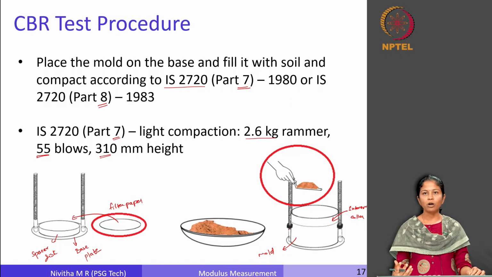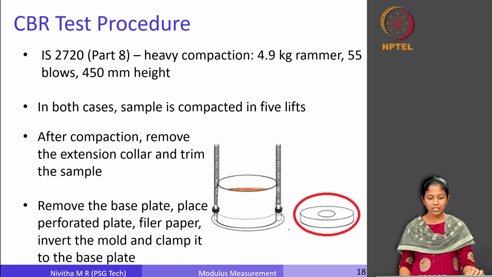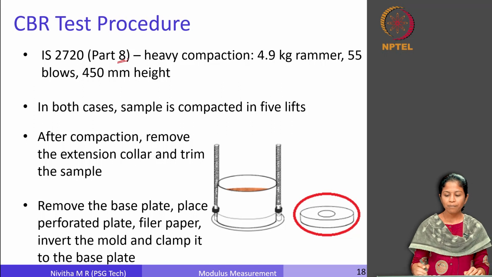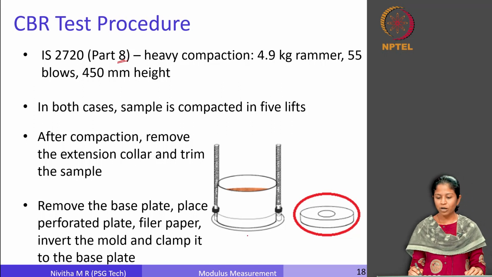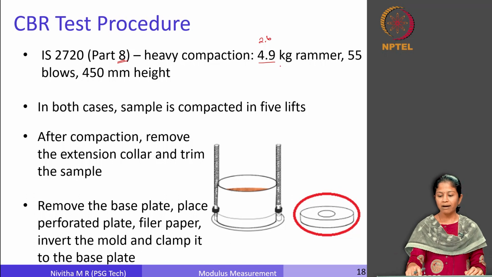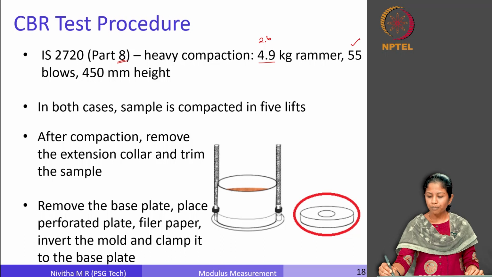If you want a heavy compaction, let us say that my field scenario requires a heavy compaction, then I can use the guidelines given in 2720 part 8. This is for a heavy compaction wherein I will be using a 4.9 kg rammer. In the previous case it was a 2.6 kg rammer, here I am going to use a 4.9 kg rammer, and the number of blows is the same.